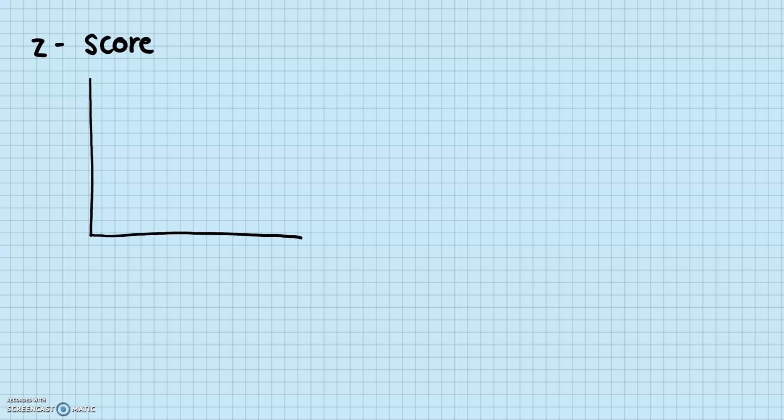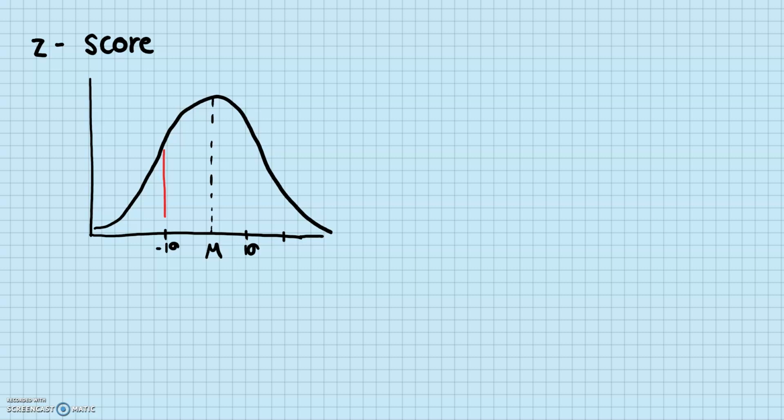So a normal distribution is in the shape of a bell curve where the mean is in the middle. And depending on how many standard deviations you move, you include a different percentage. So if you move one standard deviation on both sides, you're going to include 68% of the population.